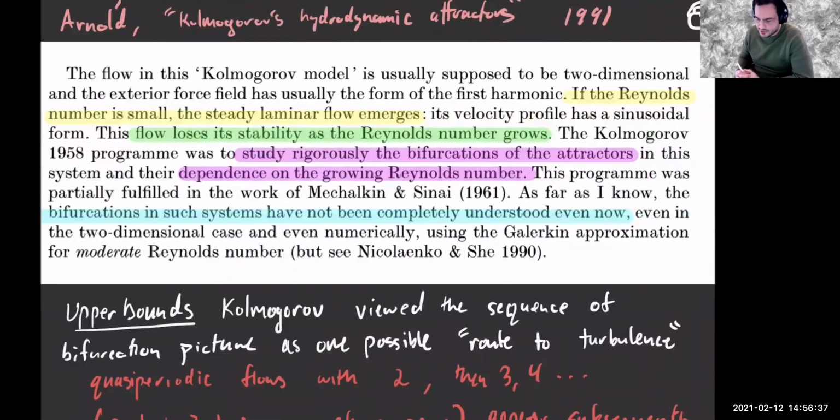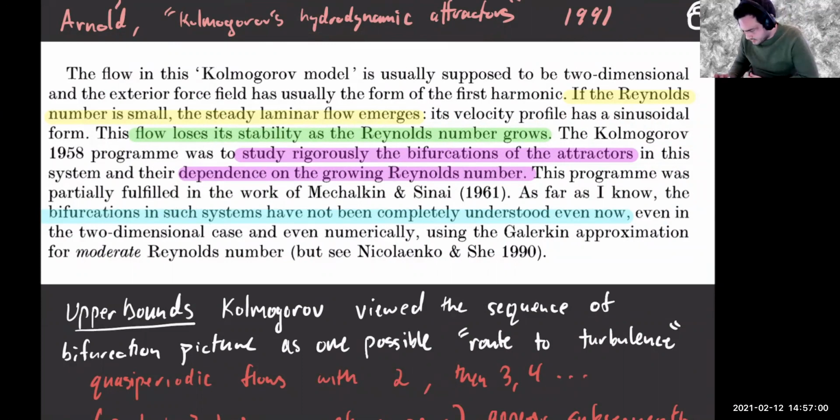Okay, so now I want to put up this quote from this paper by Arnold, Kolmogorov's hydrodynamic attractors, because it summarizes the state of this problem at the time it was written. And actually, there hasn't been very much development since then, but I'll make some remarks later about that.